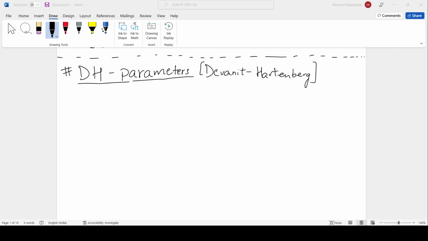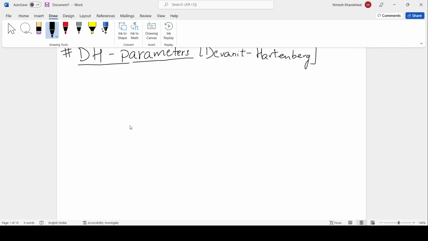You can check the spelling if you want. So what exactly are DH parameters? It is just one particular way of assigning frames.